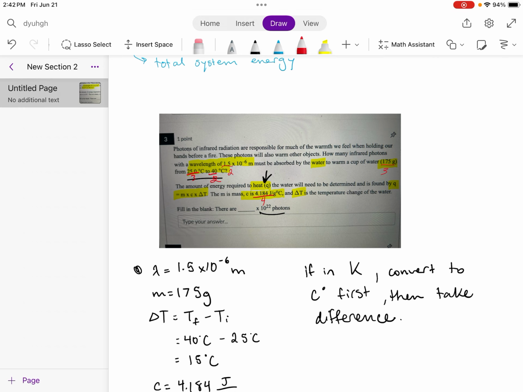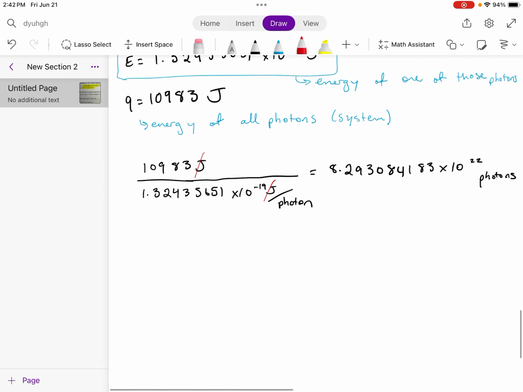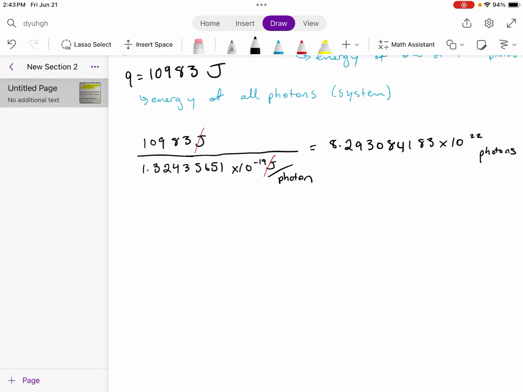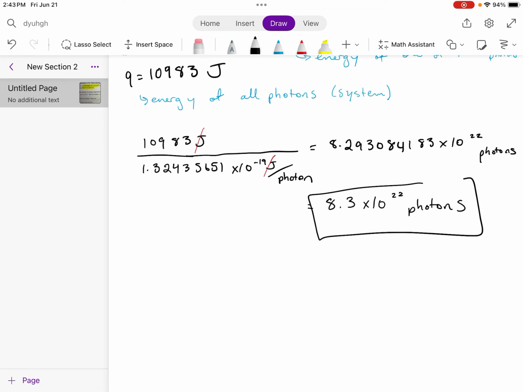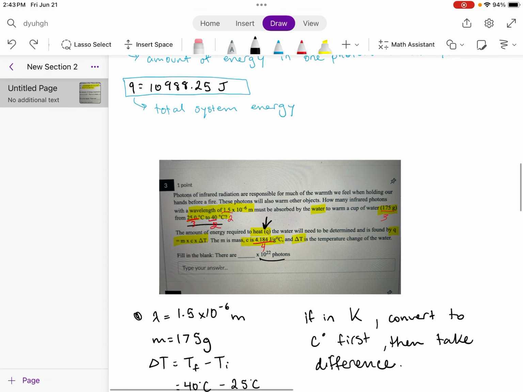So the least number is 2, so we should round our answer to 2 significant digits, which becomes 8.3 times 10 to the 22 photons. And the times 10 never counts for significant digits, it's just the first number. So hopefully that is correct.